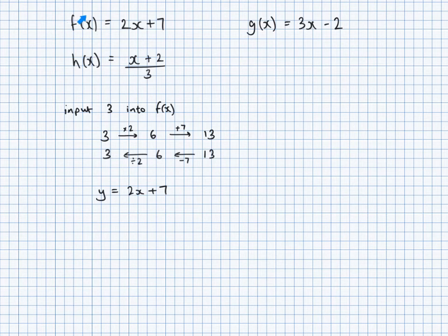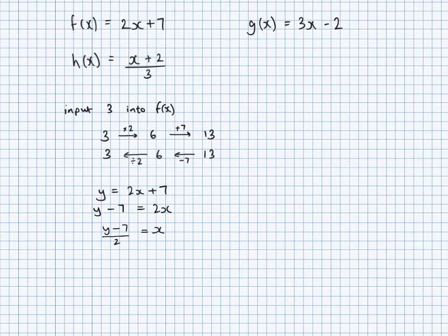It's just that f of x is represented by a y, or I can say that the output is represented by a y. Now, if I rearrange this, I can have y take away 7 is equal to 2x, and then if I divide by 2 on both sides, I get y take away 7 over 2 is equal to x.